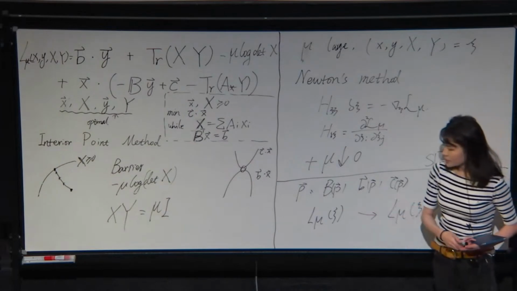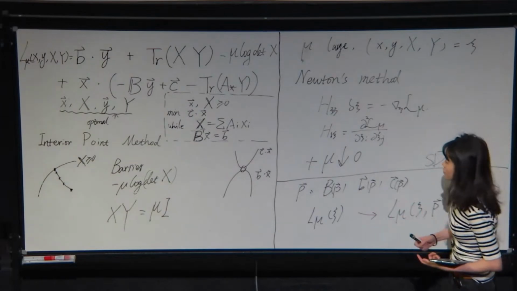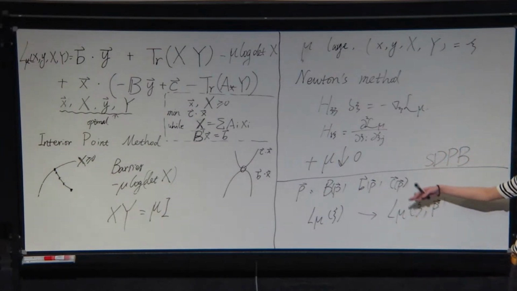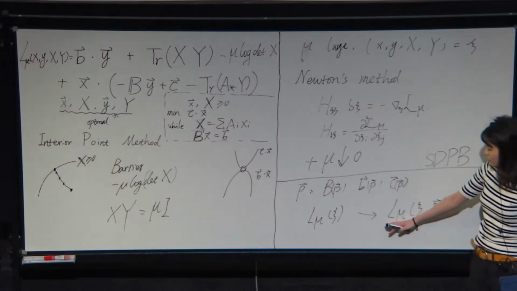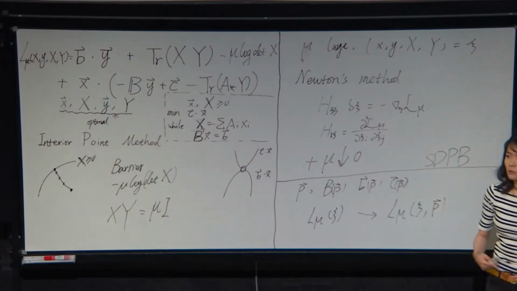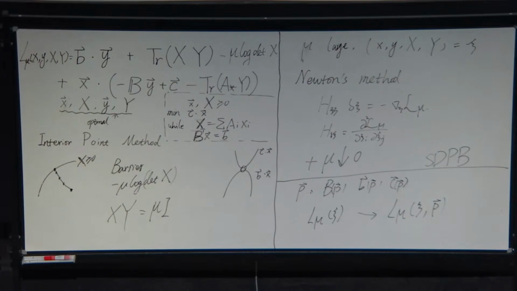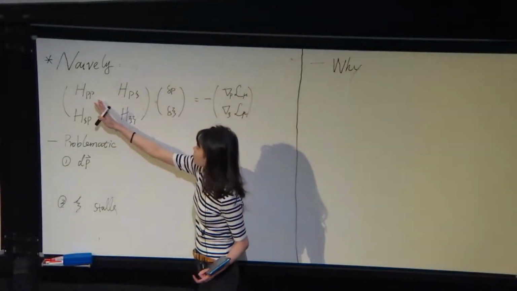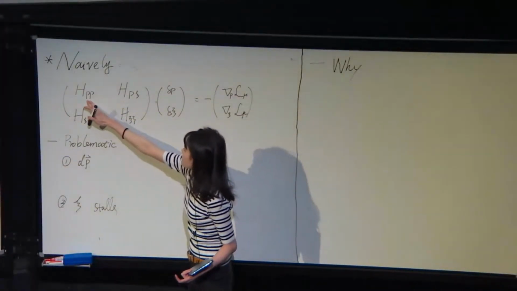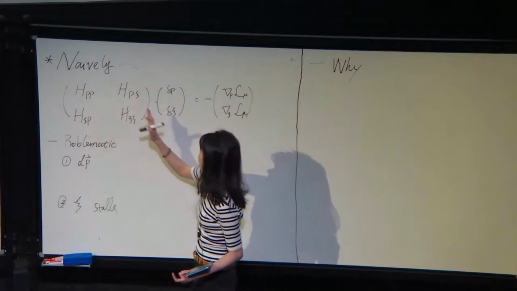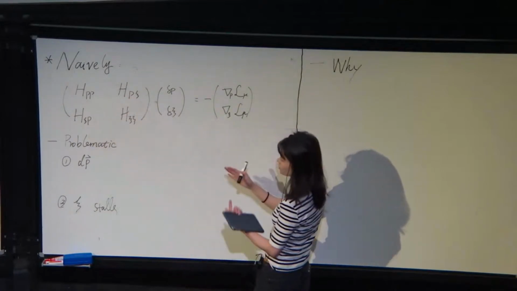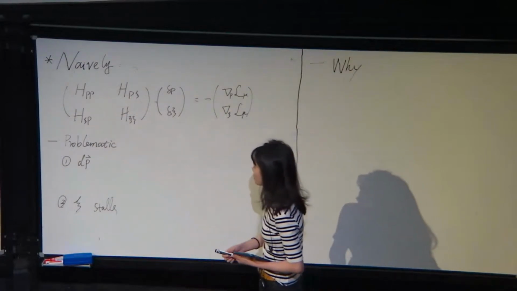It doesn't seem to be too much trouble, like we're just doing Newton's method on a bigger system. So what if we just implement the naive Newton's method in both c and p? We just include the p's and c's and also the cross terms, so now we're just solving a bigger system.